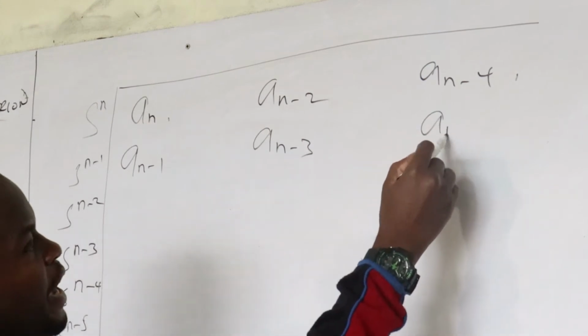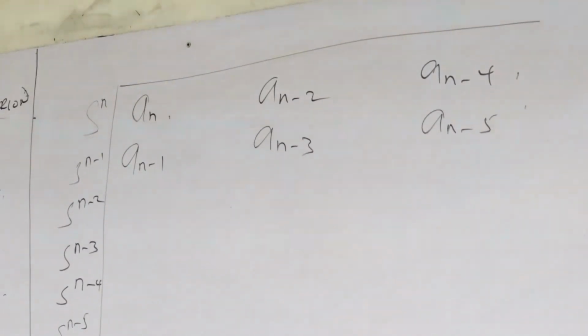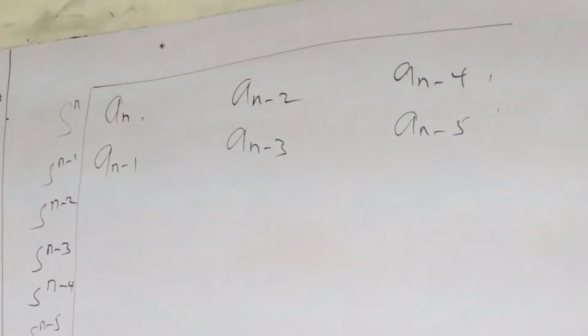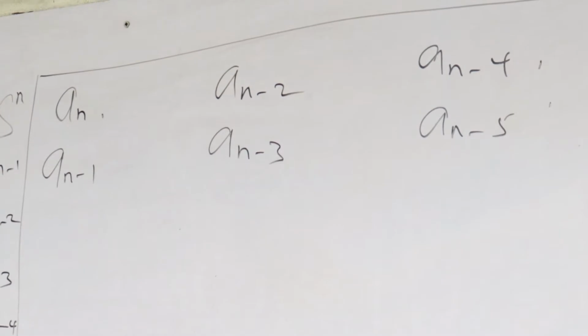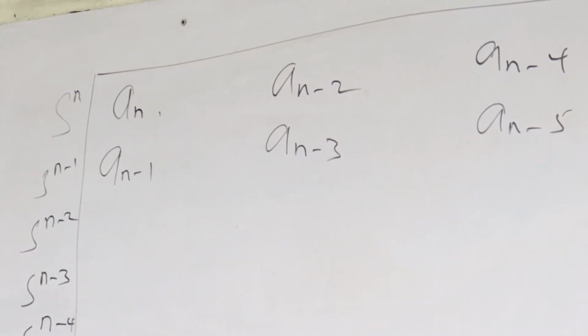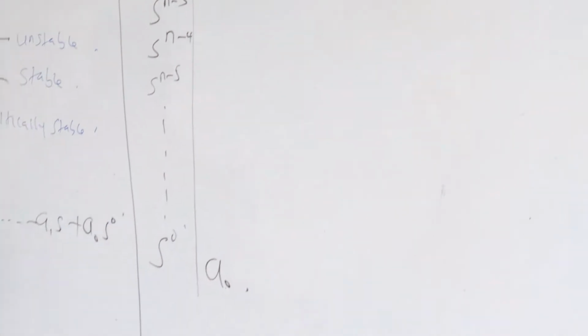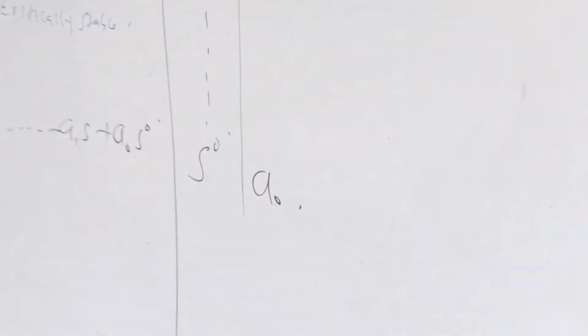We go to a_(n-5). You are only supposed to fill the first two rows. Don't fill everything. Of course, at one particular point, you will find that this one will just be a_0. But that one, you will prove it later. If you do your calculation, it will be a_0.